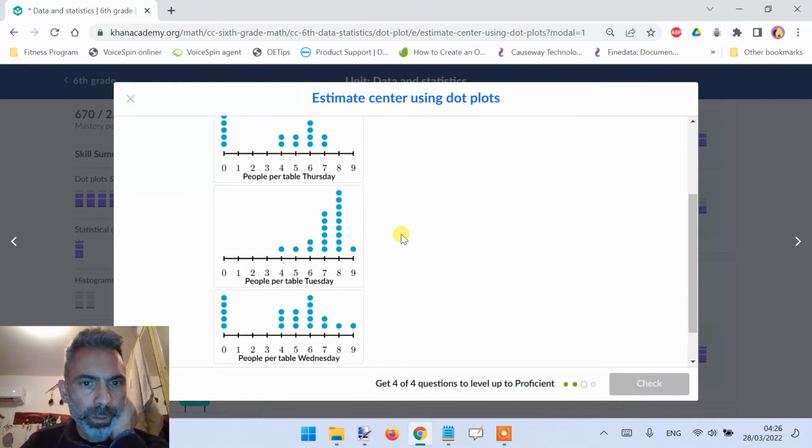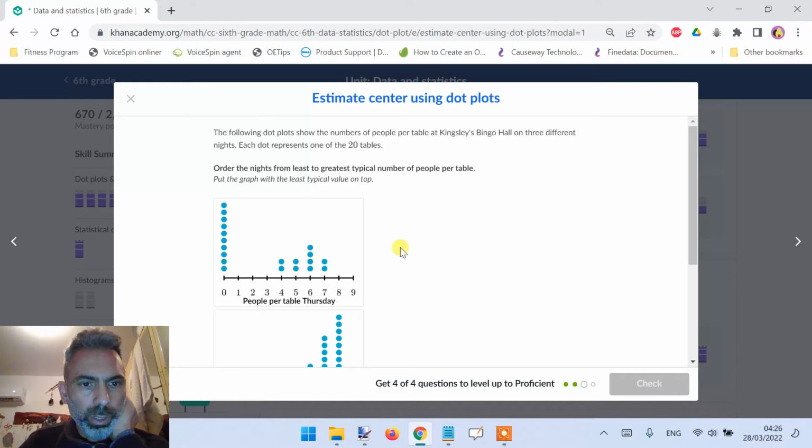Okay, so here, people per table on Thursday. Many tables, each dot represents one of the 20 tables. So here, on Thursday, many tables were empty, 0 people.